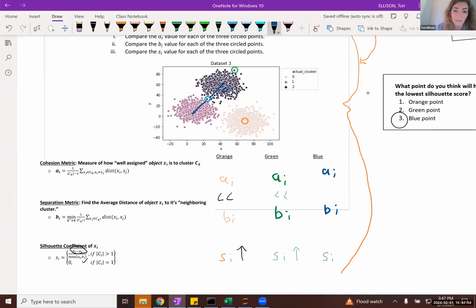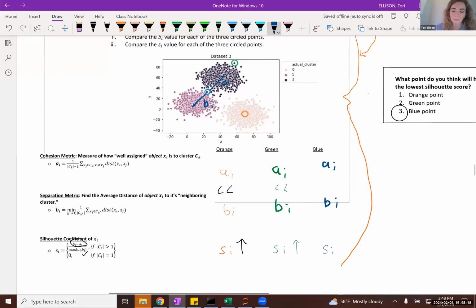That would be an average distance of something like this. And I would find the average distance of the blue point to all points in this cluster. So that would be a distance of something like this. So the smaller of these two average distances is this one here. So my BI would be approximately a distance like this.